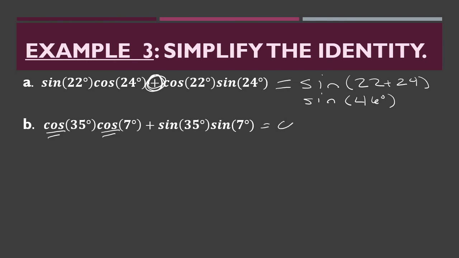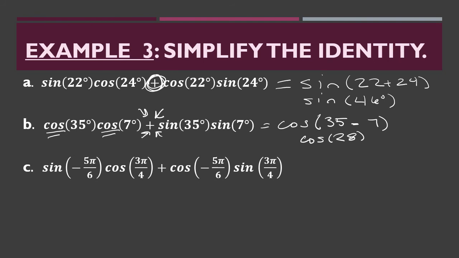So this is going to be a cosine problem. And when Cosette puts the date together, she does not like Sinbad, so their signs are different. So since the original problem had a plus sign, the new statement's going to have a minus sign. So this is going to be cosine of 35 minus 7, which will give me the cosine of 28 degrees.